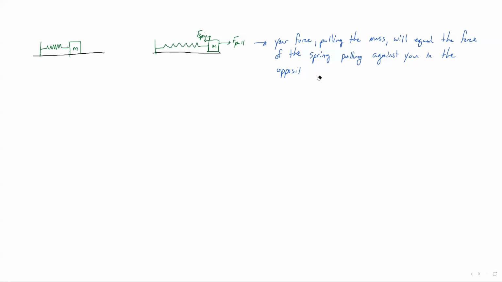Erase that. Sometimes the button gets stuck. So basically, if you have this mass, what's going on is, I'll do it over here, I guess.